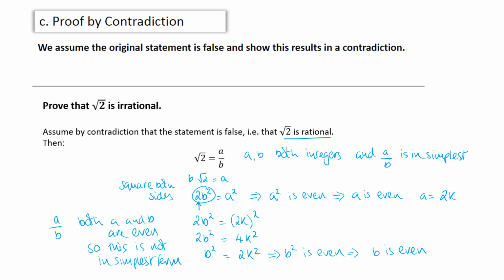So here we've contradicted ourselves. If we were saying that root 2 was A over B, with A and B both being integers and A over B being in its simplest form, through this working we've shown that that is false. So therefore root 2 cannot be rational. So if it's not rational, it is therefore irrational.